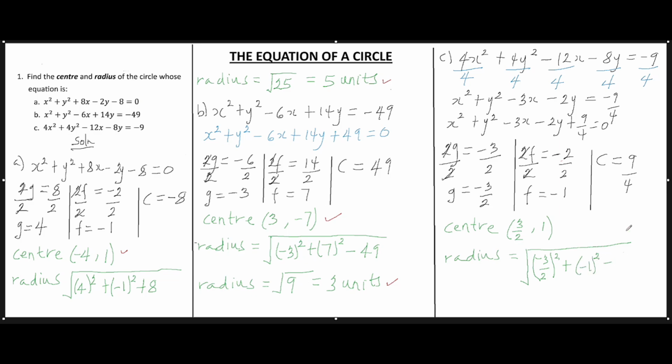And then minus c, which is 9 on 4. So finally, let's compute this: minus 3 on 2 squared plus 1 squared minus 9 on 4.